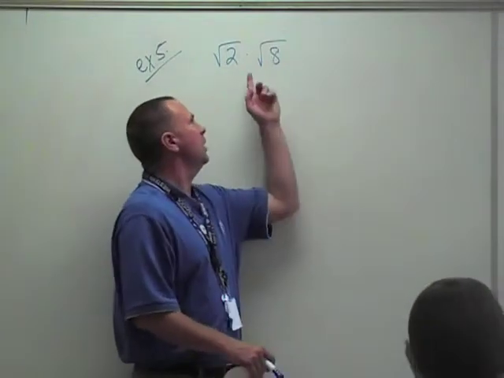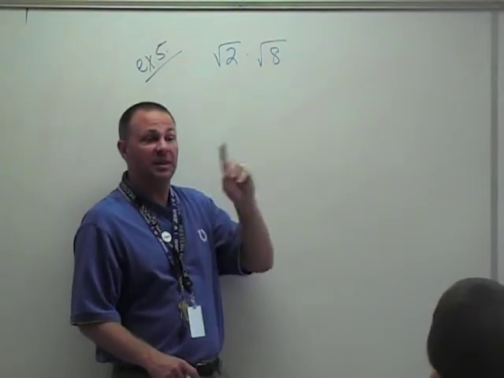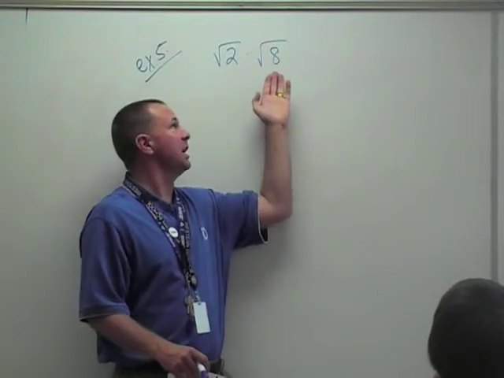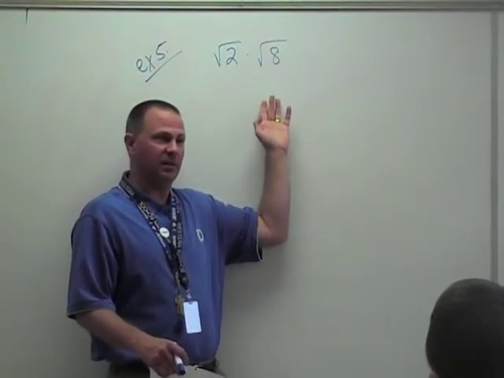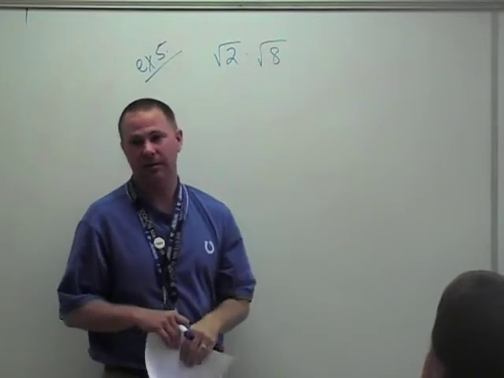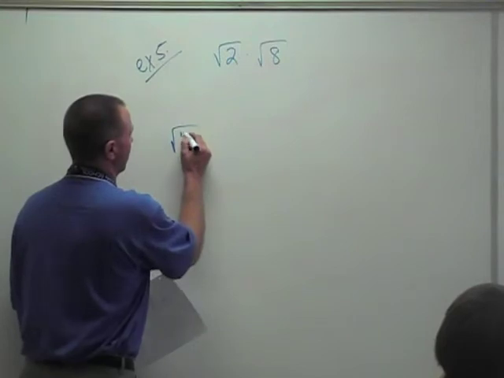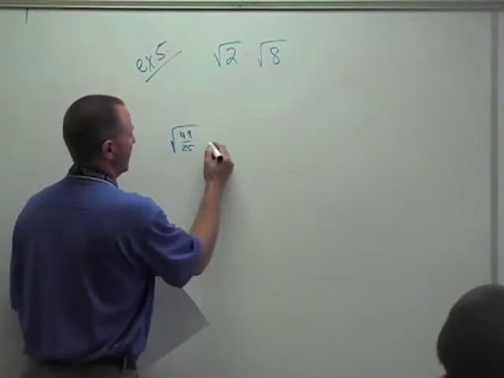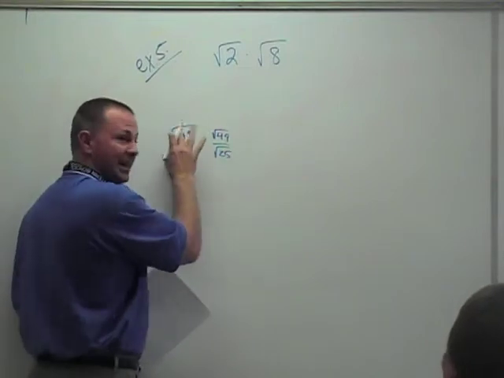The square root means what 2 numbers can you multiply together to give me that number? They have to be the same numbers. Yeah, 2 times 4 is 8, but that's not what the rule for the radical is. There isn't a number you can give me, but just like when we had the square root of 49 over 25, you can split that apart. You can put them back together.